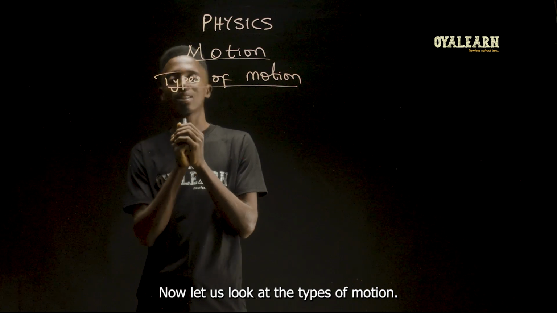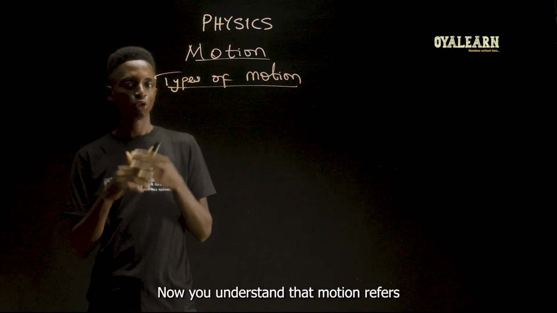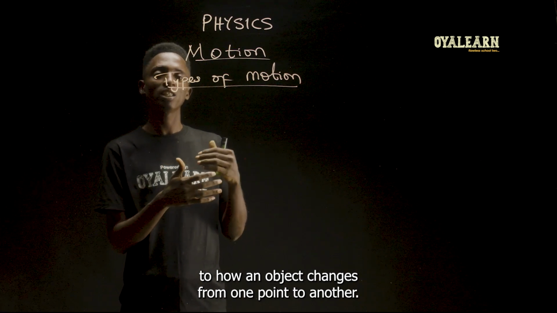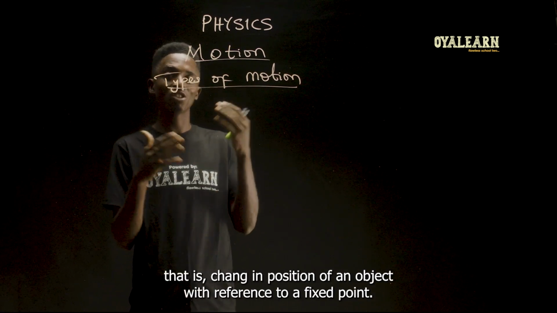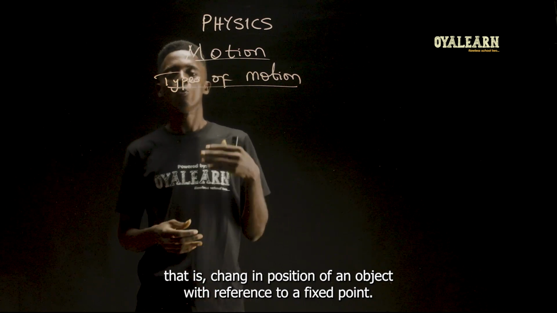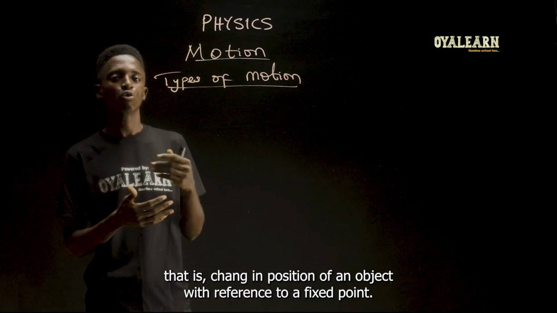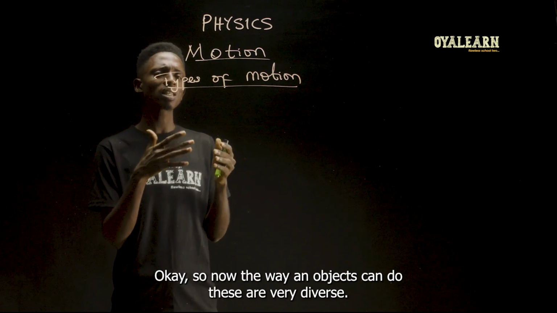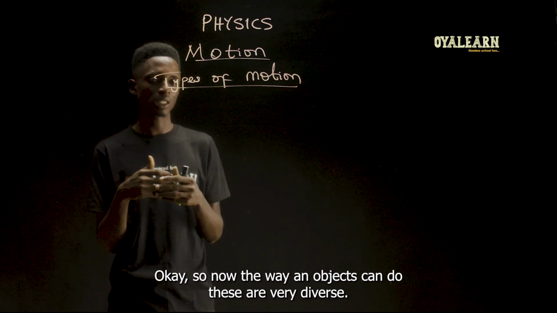Now let us look at the types of motion. Now, you understand that motion refers to how an object changes from one point to another. That is, change in position of an object with reference to a fixed point. Okay, so now the way an object can do this are very diverse.